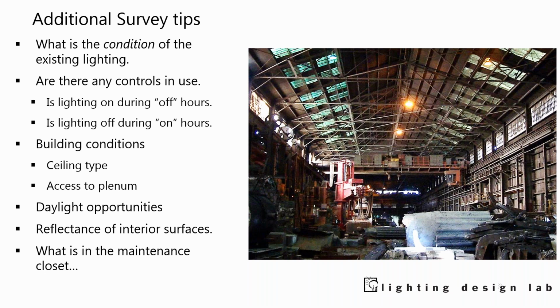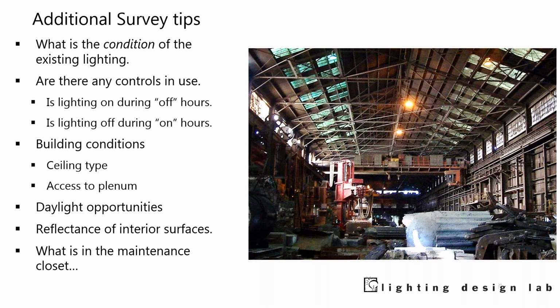You're walking into spaces where nobody's there, and the lights are on anyway. And then there are conditions, the ceiling type. Is it a hard ceiling? Is it concrete? Is it wooden decking? Is it acoustical tiles? Those sorts of things. And if there's a plenum, what's the access to that? And then the reflectances we talked about.